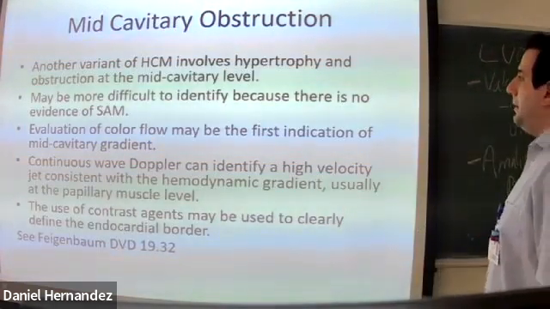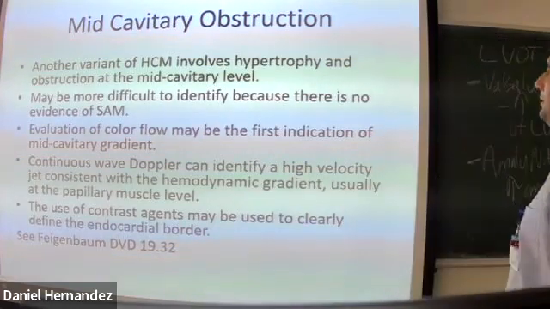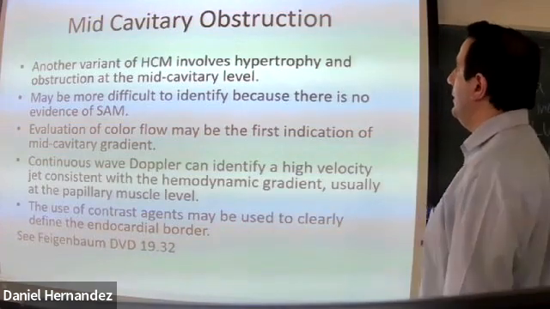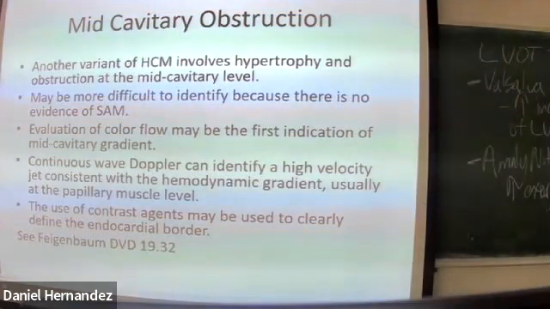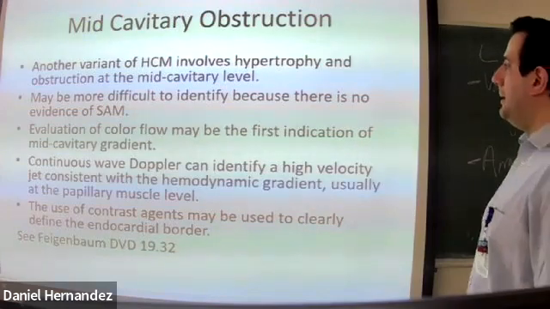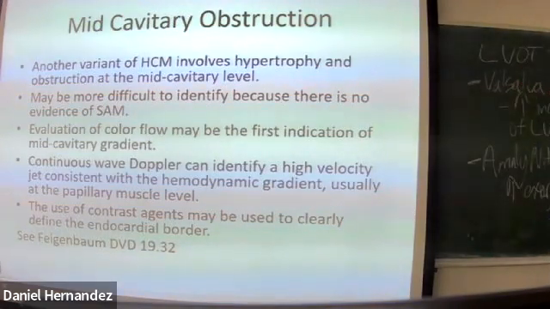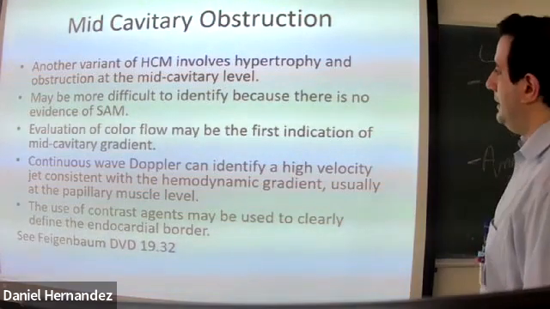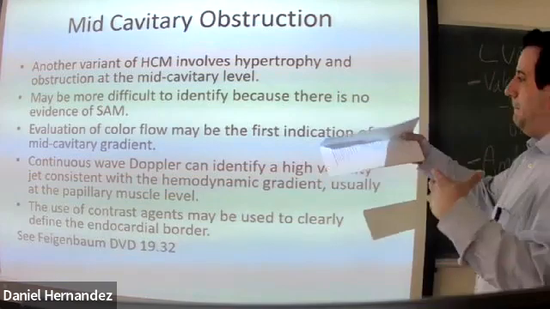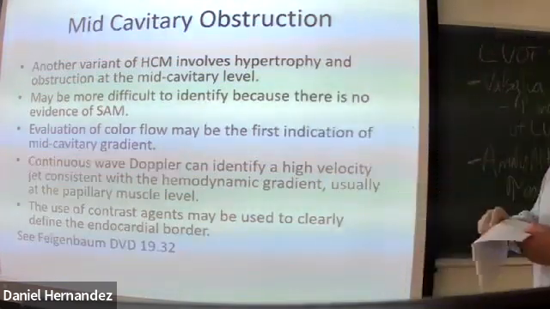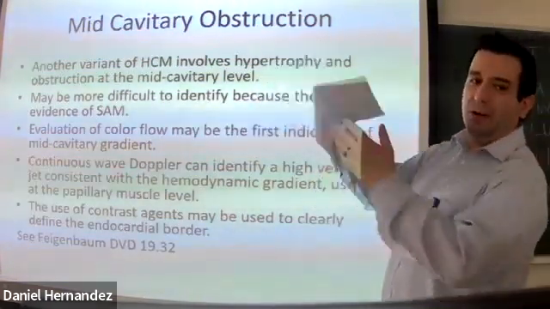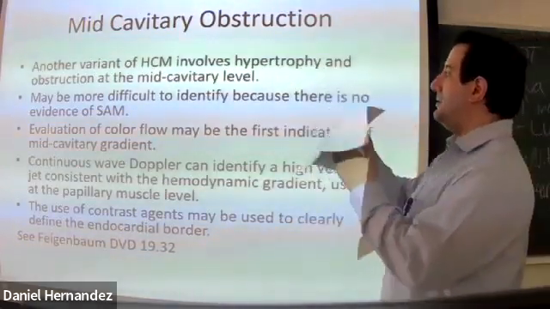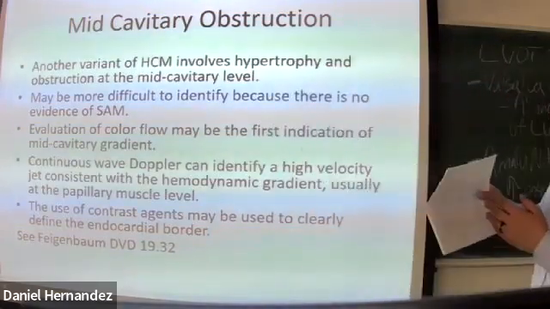We also have another variant of hypertrophic cardiomyopathy that involves hypertrophy and obstruction at the mid-cavitary level. This is called a mid-cavitary obstruction. It may be more difficult to identify because there's no evidence of systolic anterior motion. Basically, think of the septum becoming so hypertrophied in the mid segment that when the heart contracts during systole, it actually comes in contact with the posterior wall and creates an obstruction.